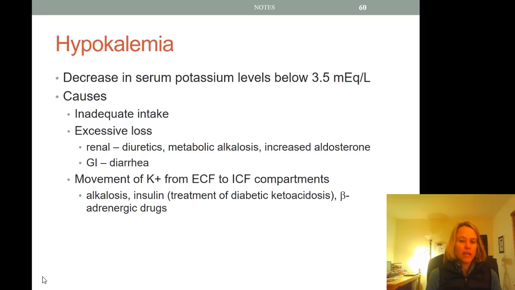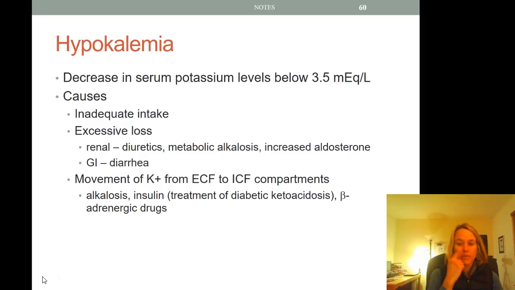So hypokalemia is when we have a decrease in serum potassium below 3.5 milliequivalents per liter. This can be caused by inadequate intake, excessive loss, or movement of potassium from the extracellular fluid compartment to the intracellular fluid compartment. Excessive loss can be through the kidneys due to diuretics, metabolic alkalosis, or too much aldosterone. It can be through the GI tract through diarrhea.